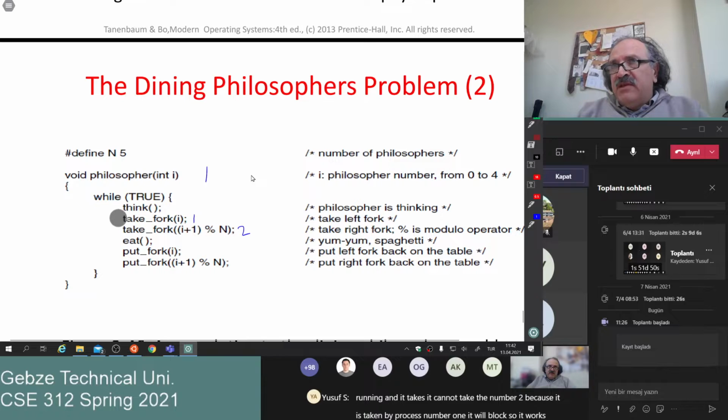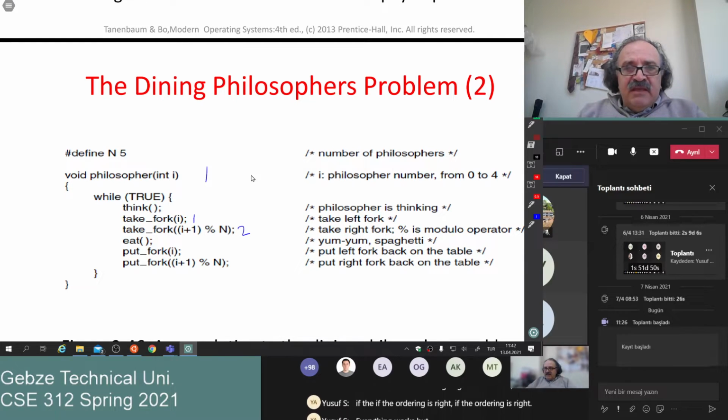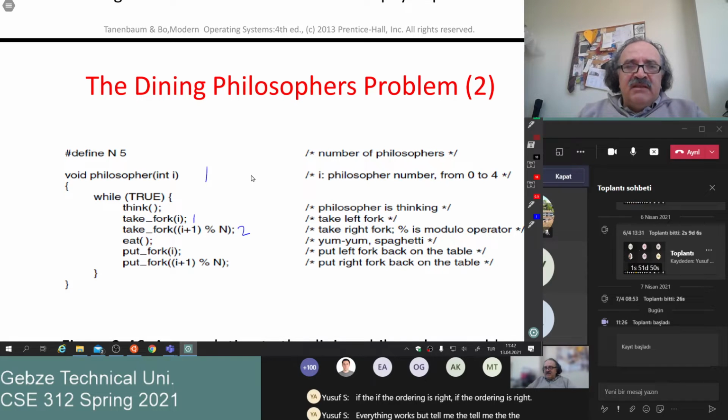And process number 3 can take forks 3 and 4, and it's going to work. So if the ordering is right, everything works. But tell me the ordering where it causes a problem.